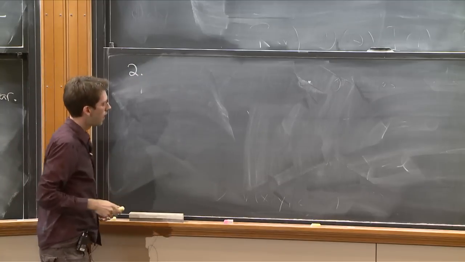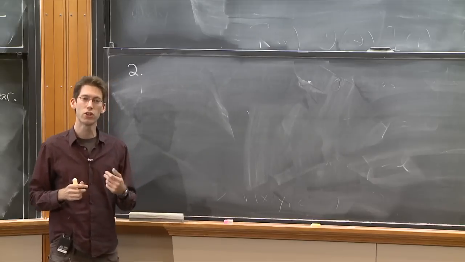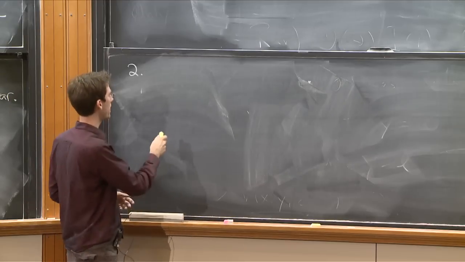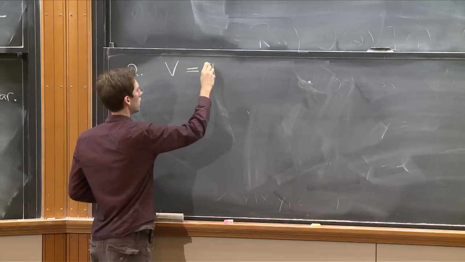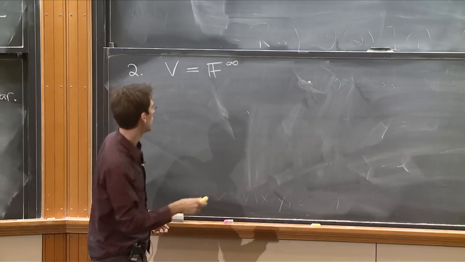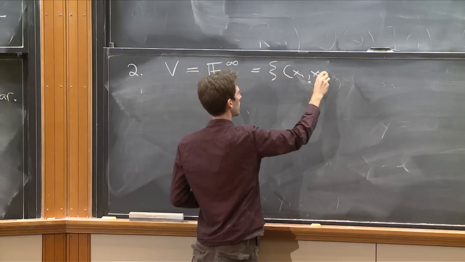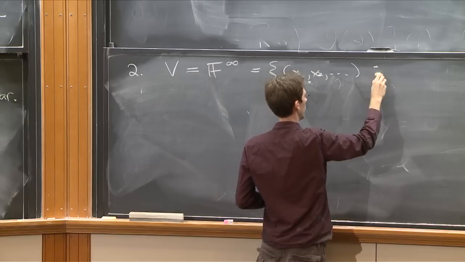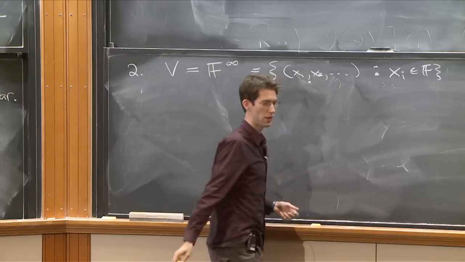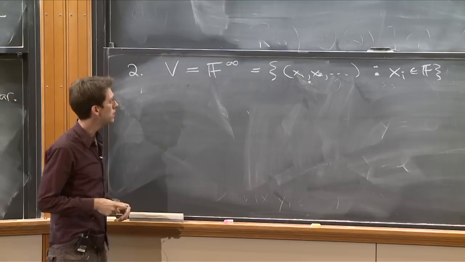Another example, which you'll see later, shows some of the slightly paradoxical features of infinite dimensional vector spaces. It comes from the vector space of infinite sequences. So these are all the infinite sequences of reals or complexes or whatever F is.